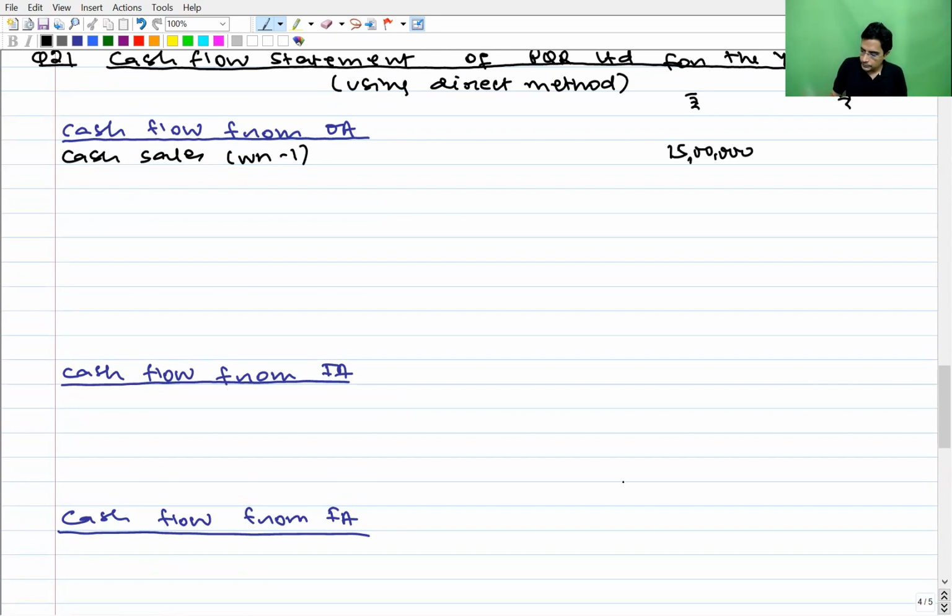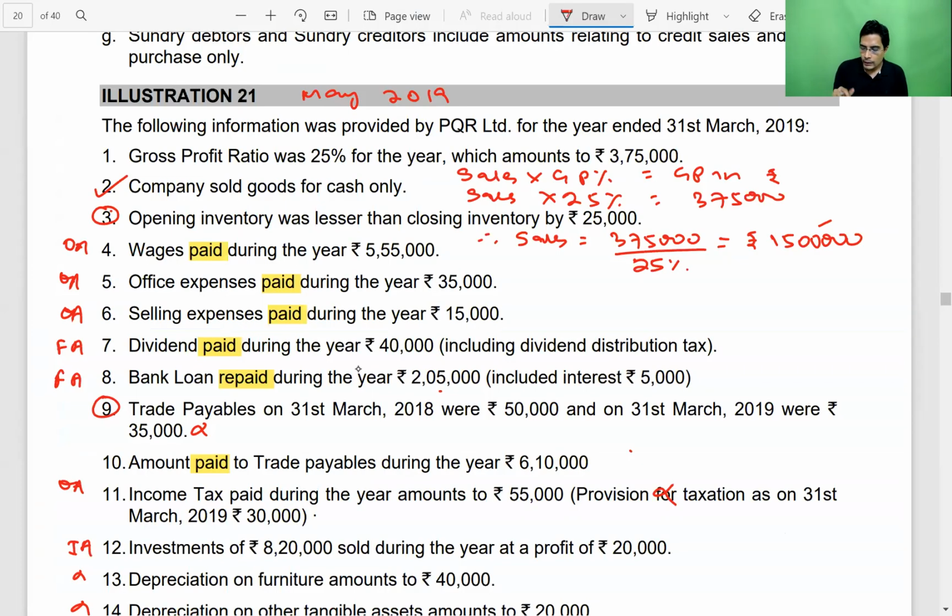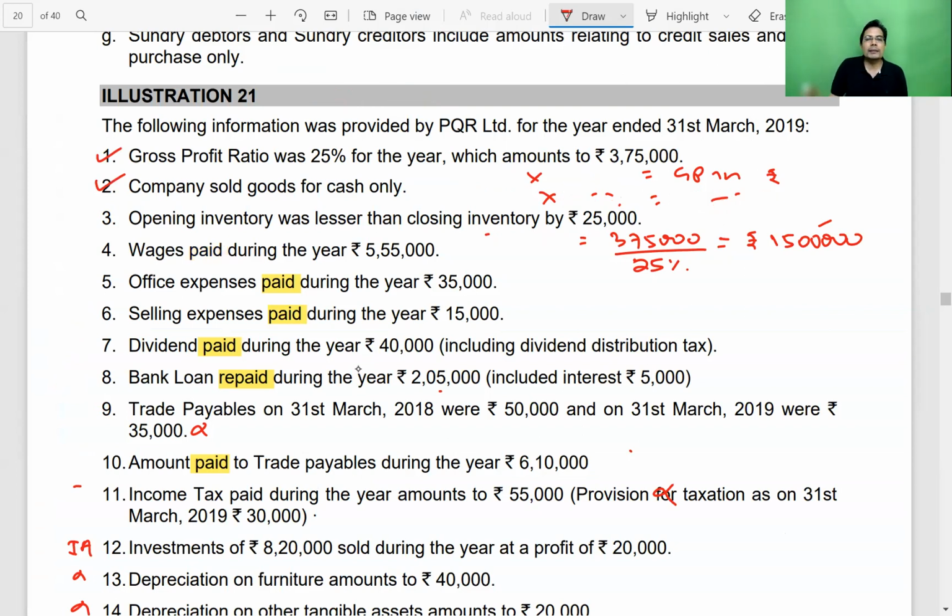Next item. The first two items we have done. Keep on putting a tick mark beside the item we have dealt with. Third, opening inventory is less than closing inventory. Guys, it's nothing but the difference between the opening and closing stock. It will be recorded in working capital changes.